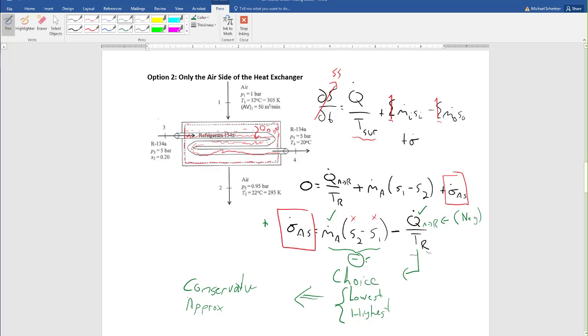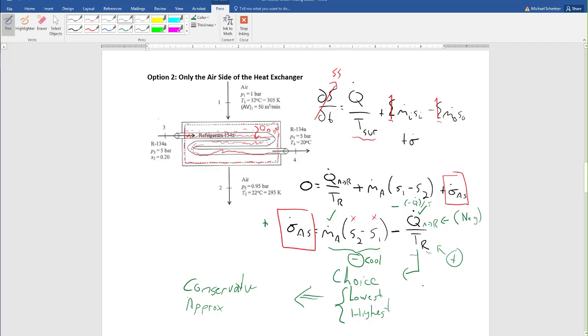As things cool, delta S, this change in entropy, is going to be negative because this is cooling. So this first term is going to be negative. The second term is going to be negative times negative Q dot over T. So this second term here is going to be positive.